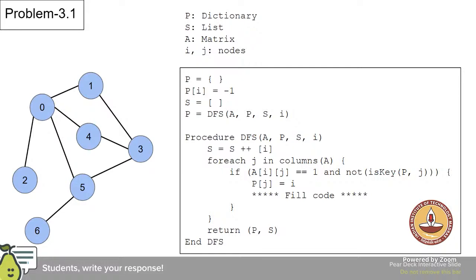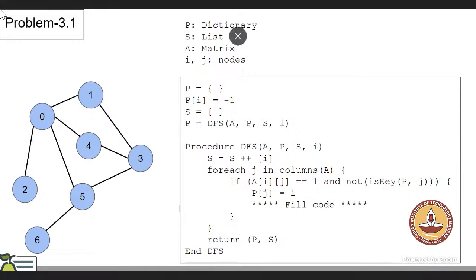Then we will assign a new value for that column in the dictionary P, and the value would be the parent of that node. So according to me, ma'am, it should be P comma S equal to DFS APS J. That means we call the DFS for the new node, the child node.